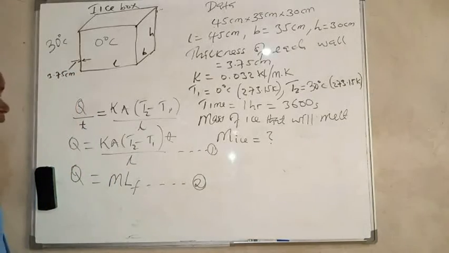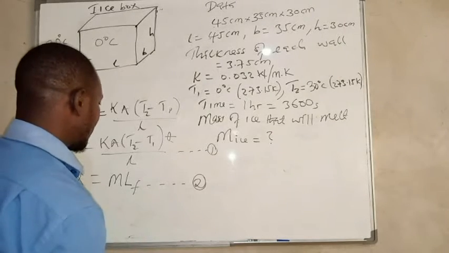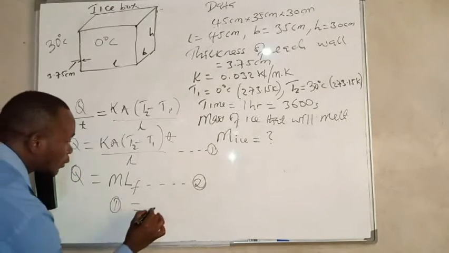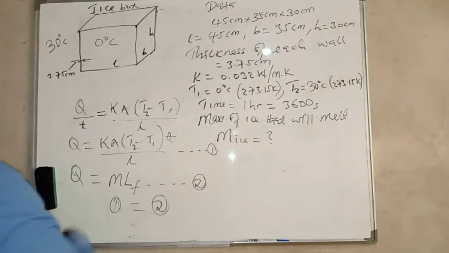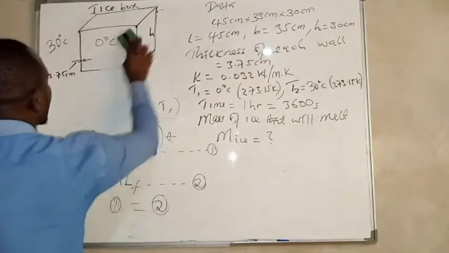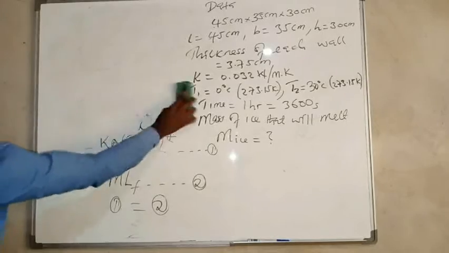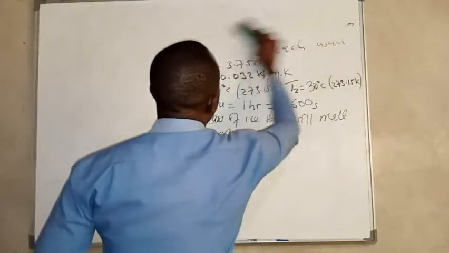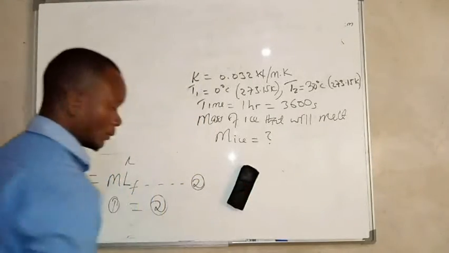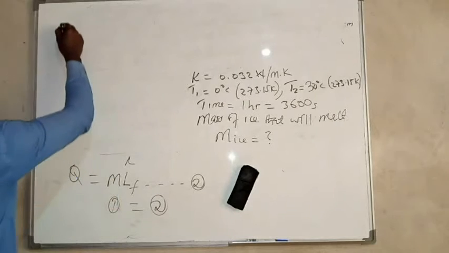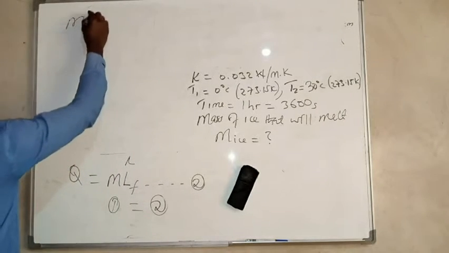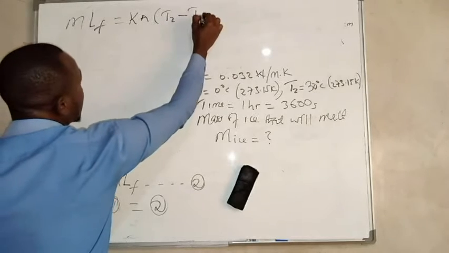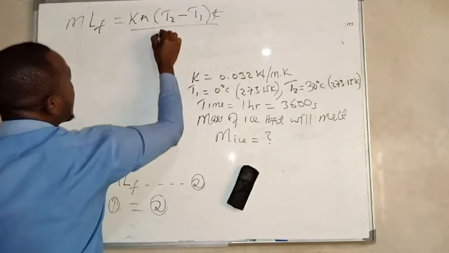So M times L of fusion is equal to K A (T2 minus T1) times t over L.